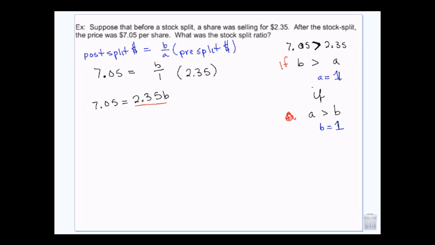It doesn't make any sense to divide by B. 705 divided by 235 is 3. So this came out to an even number. B equals 3. So this is a 1 for 3 split.